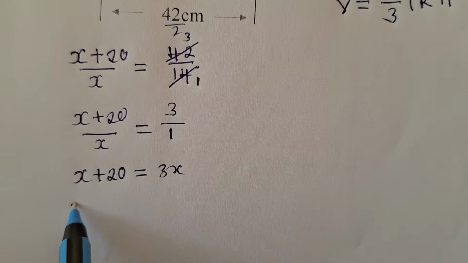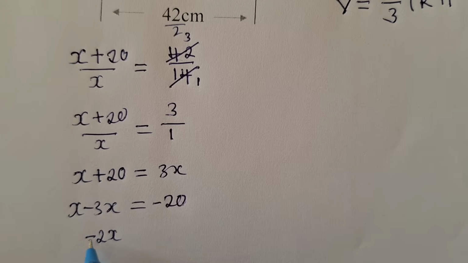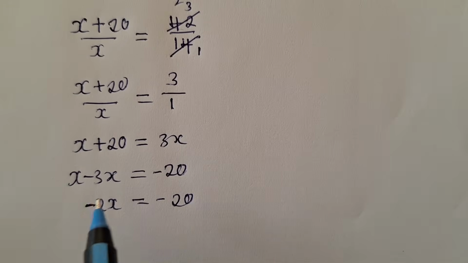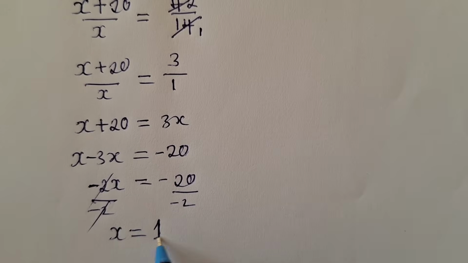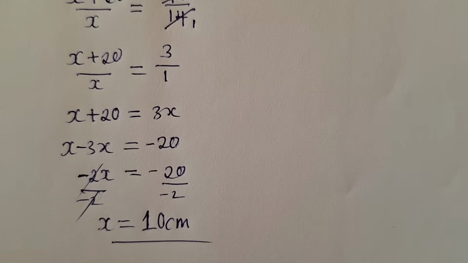Group the like terms: x minus 3x is equal to minus 20, minus 2x is equal to minus 20. Divide by minus 2 on both sides, and x will be equal to 10 centimeters. So the height of what has been cut is 10 centimeters.